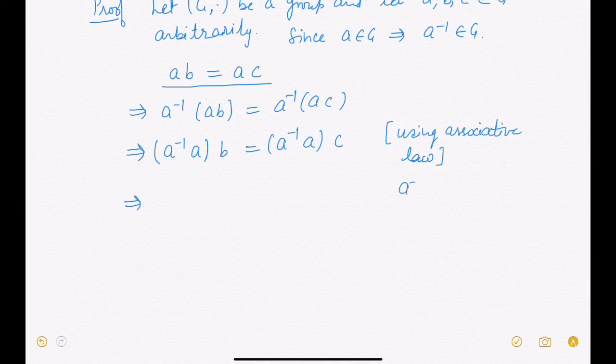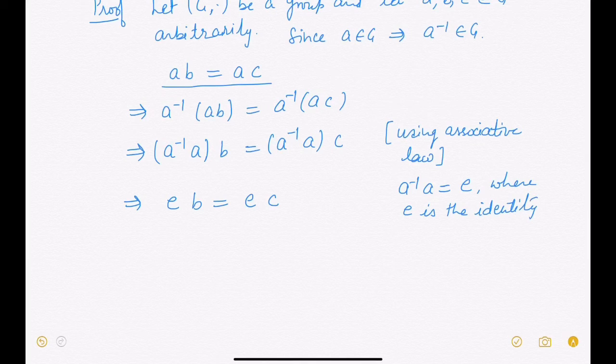Since A inverse A is the identity element E, so EB is equal to EC, where E is the identity element.